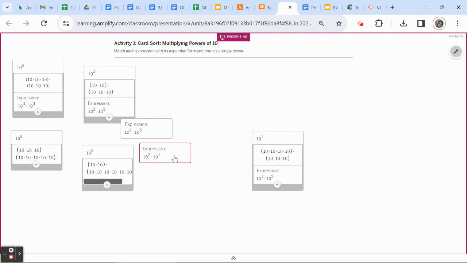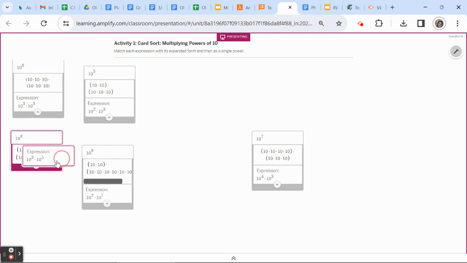Here we have 2 and 7 to make 9, and 3 and 5 to make 8. So our rule is, when you are multiplying powers that have the same base, 10 is the base and 8 is my exponent, if they have the same base but different exponents, you just add your exponents.